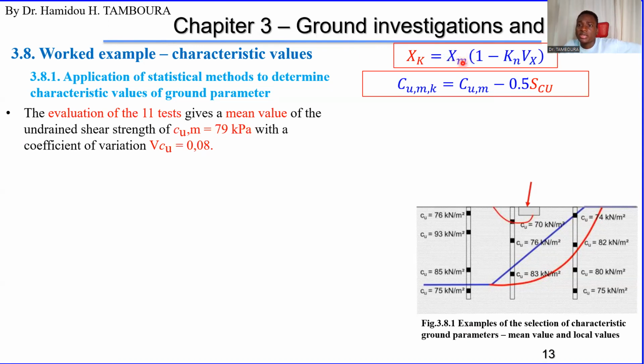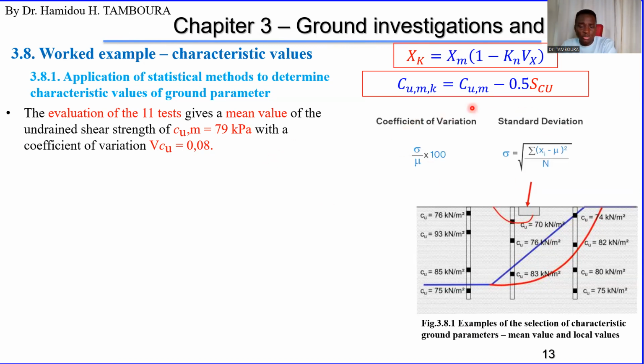This here is X, this is XM. Okay. Vx is just the coefficient of variation. Statistics, I think even high school students know this coefficient of variation.